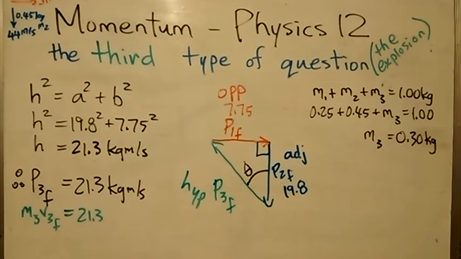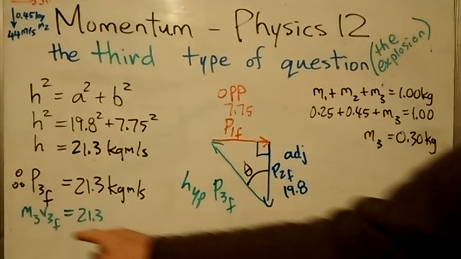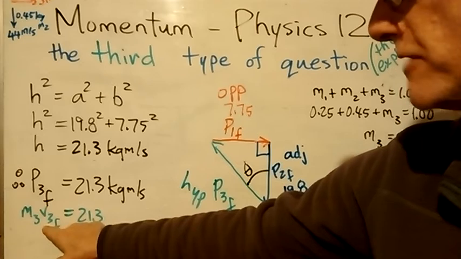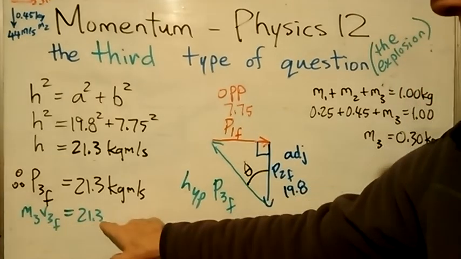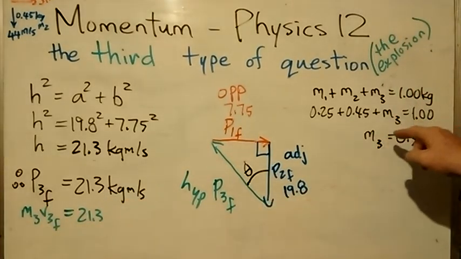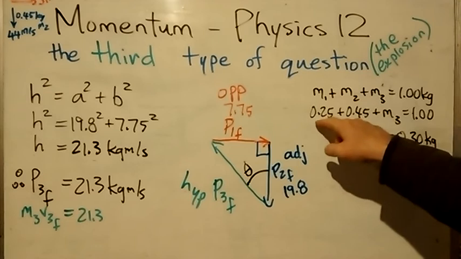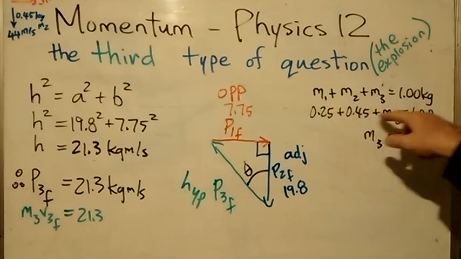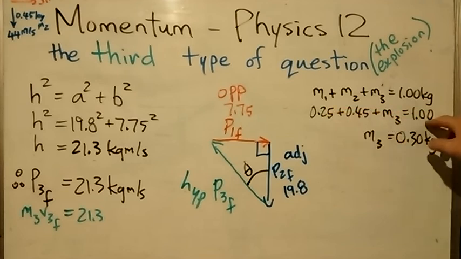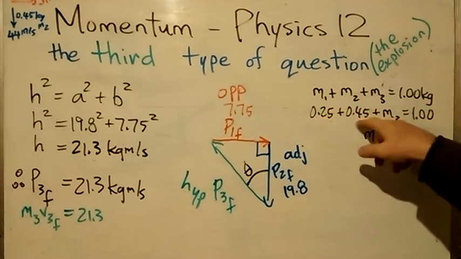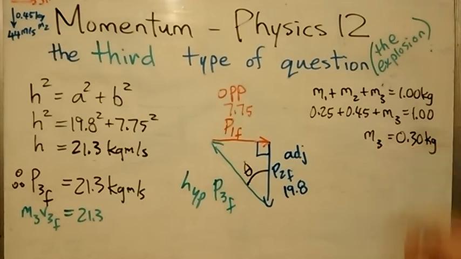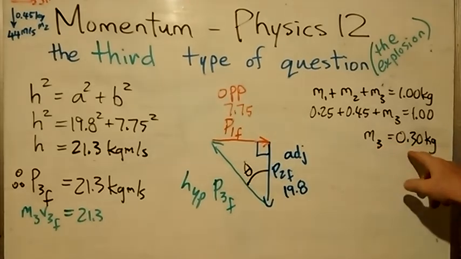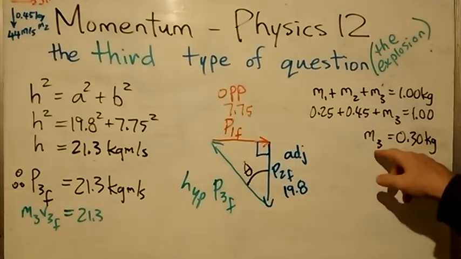Checking to make sure we've got the right number for M3: we had M1 being 0.25, M2 being 0.45 kilograms, and those two plus M3 equals 1. So just 1 minus 0.25 minus 0.45 is equal to 0.3 kilograms for M3.